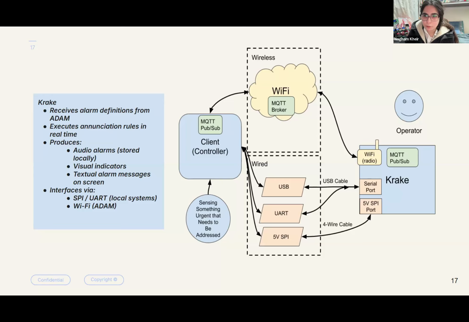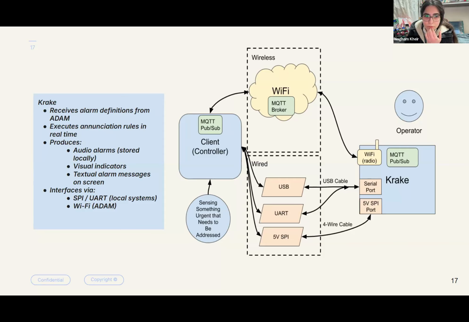Krake has onboard audio files, visual indicators, and a local display. It implements the alarm strategies defined in ADaM and presents alarms to the operator in real time. And I think we already went through that in detail, so I'm not going to do that again, unless anyone has any specific questions. I'm ready to answer.